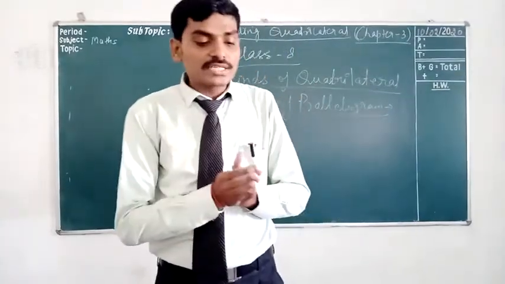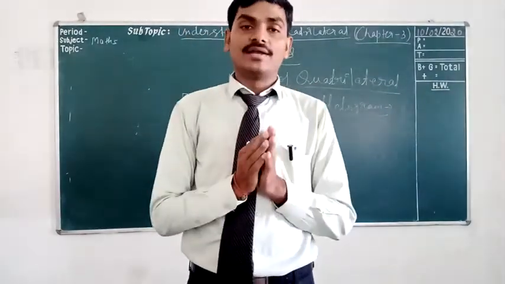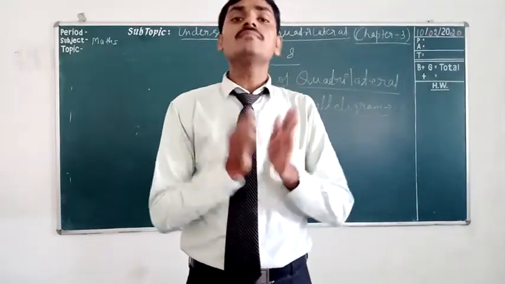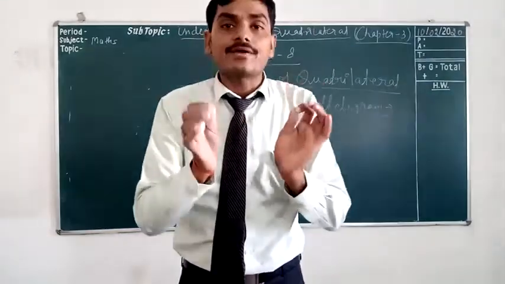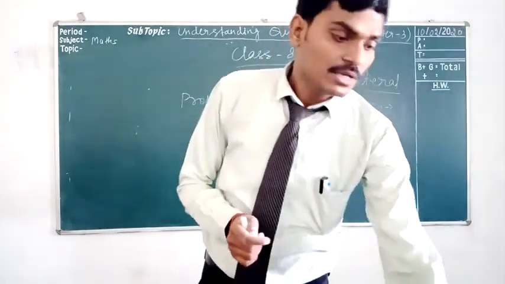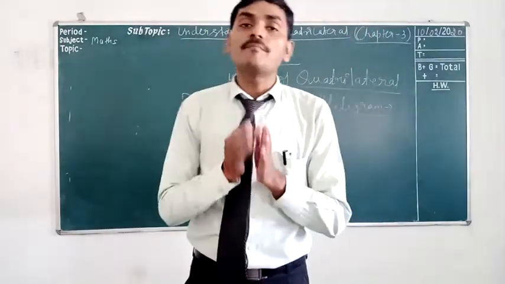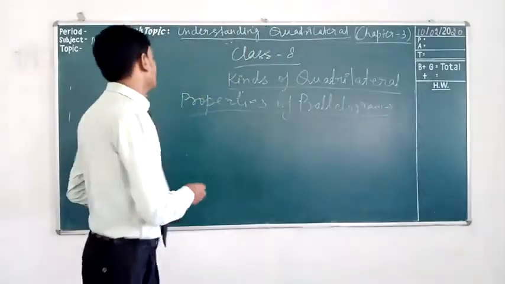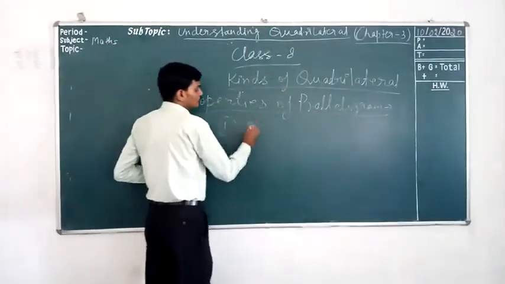The opposite sides of parallelogram are of equal length. That is, opposite sides of any parallelogram are parallel and equal. This is the first property. The second property, the opposite angles of parallelogram are equal in measure.